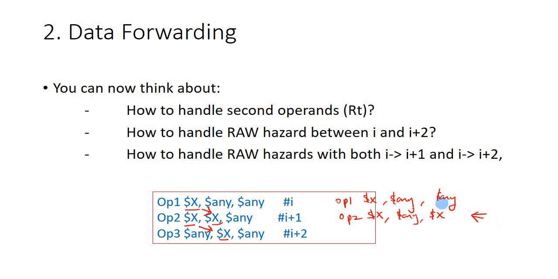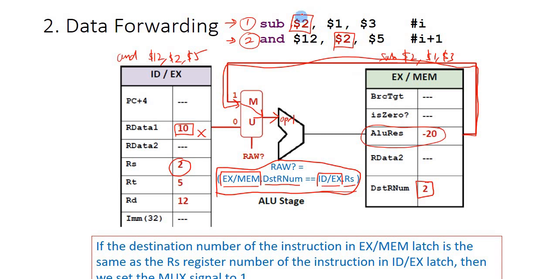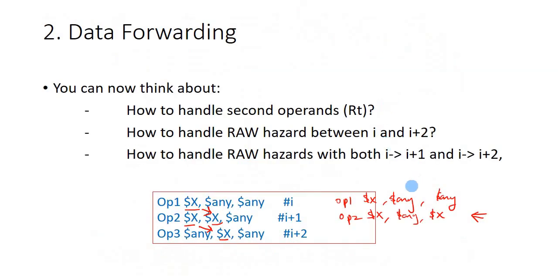Why? Because in the previous instruction, it is doing a forwarding from the ALU output to the RS location. But now I have a forwarding from here to the RT location.